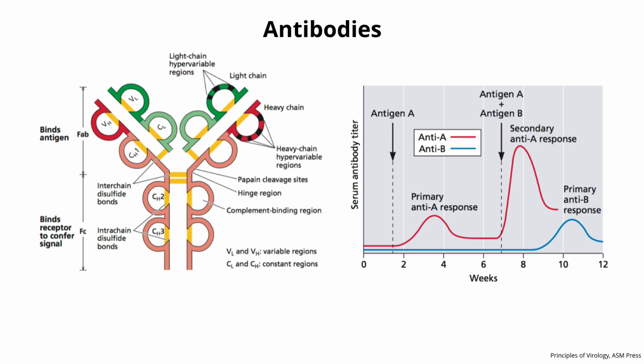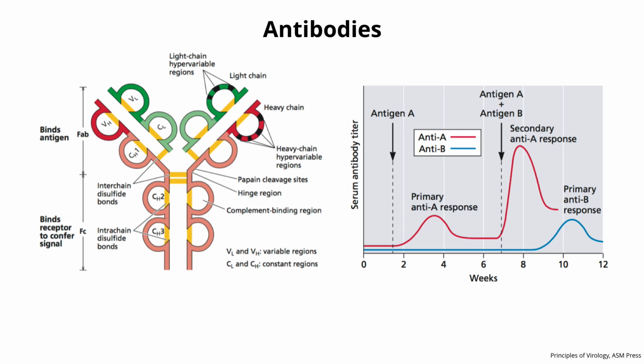Now let's talk a little bit about antibodies. Antibodies are Y-shaped molecules. They're shown on the left here. The little circular parts of these are called an immunoglobulin-like fold. It is a specific kind of protein fold that has since been found in other proteins as well. It's just shown schematically here.